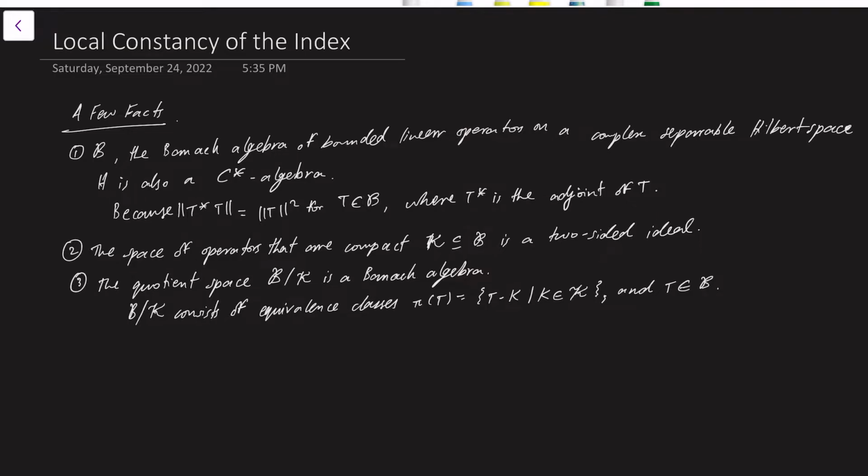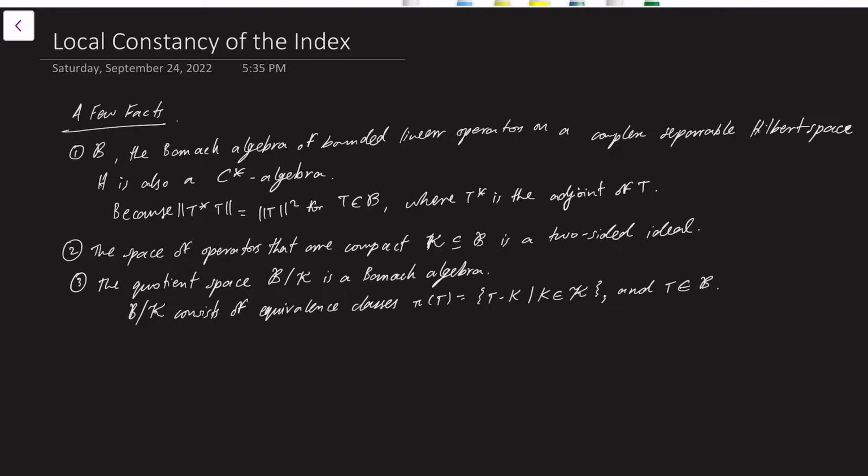B over K is the set of equivalence classes, denoted pi of T for some T that's a bounded linear operator, such that it's the set of these equivalence classes that contain representatives T minus K, where K is a compact operator. Okay, so now these facts can be used to prove the theorem of Atkinson.